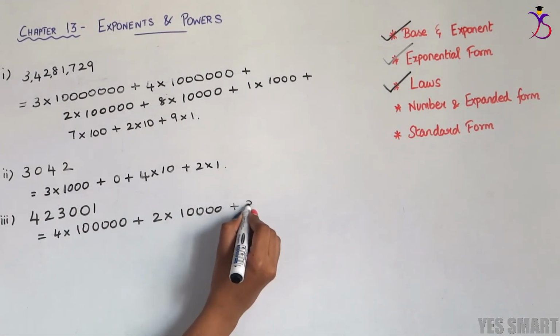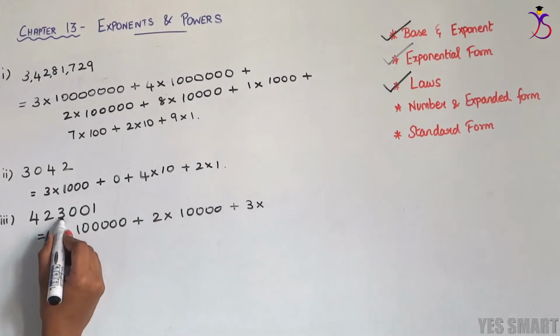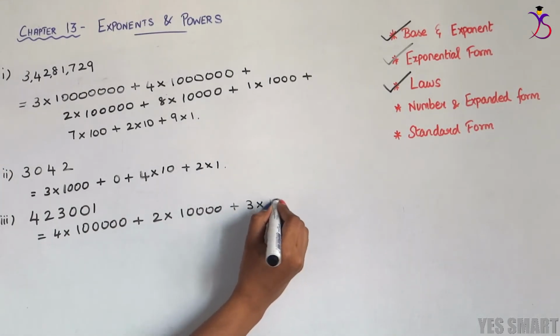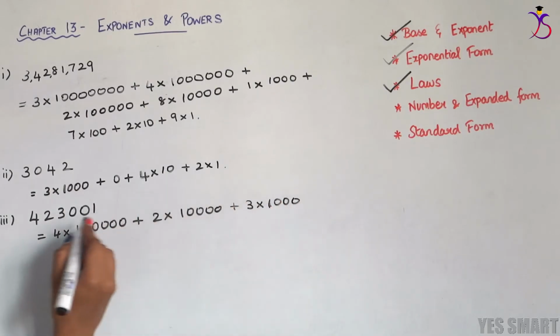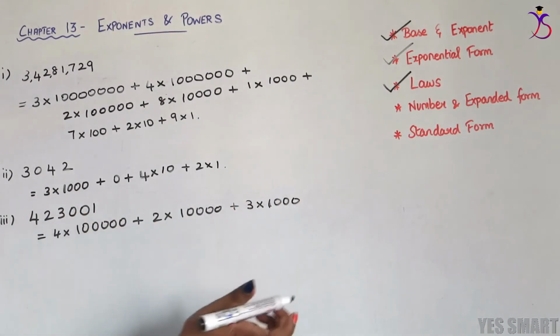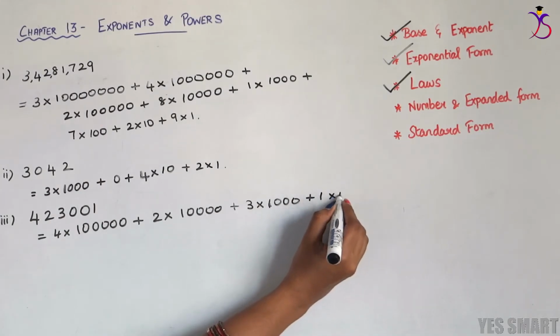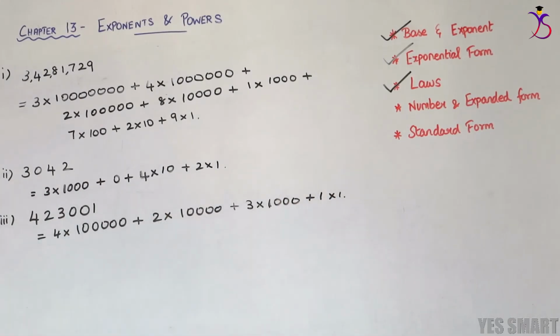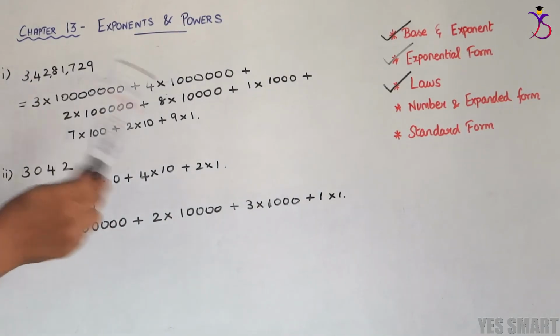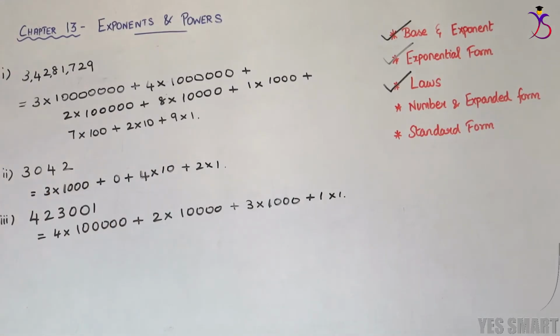If you expand these zeros also, there is no value, 0 into anything is 0, so straight away we can write 1 into 1. We have skipped the 100th place and 10th place because in the 100th and 10th place we have zeros. Hence, like this only we will be expanding the given number.